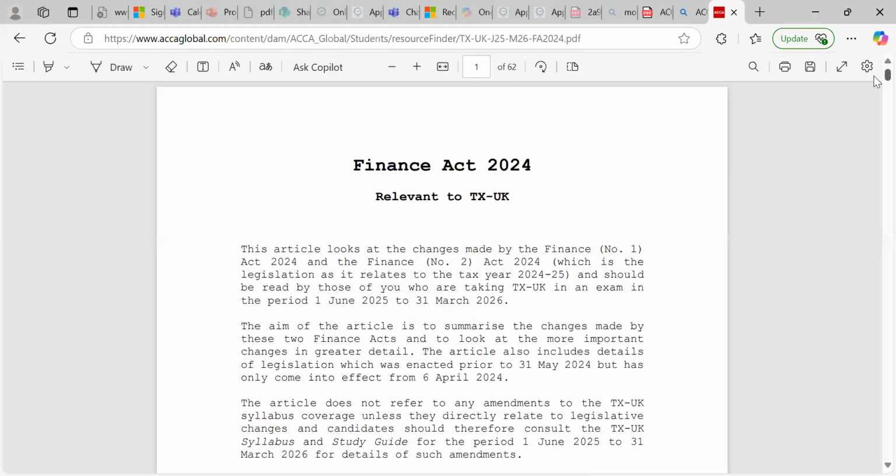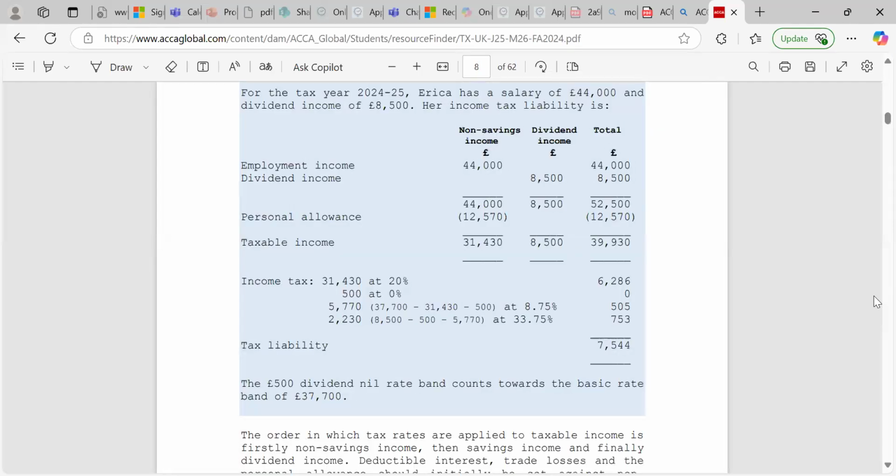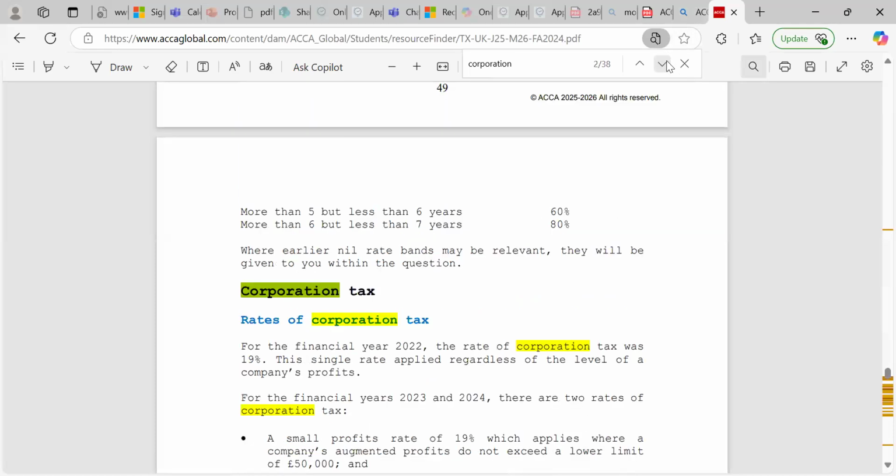This one is the 2024 Fund and Sec. If you look at the example here, corporation tax, you will find the main pools and special pools examples, which are quite good to use.